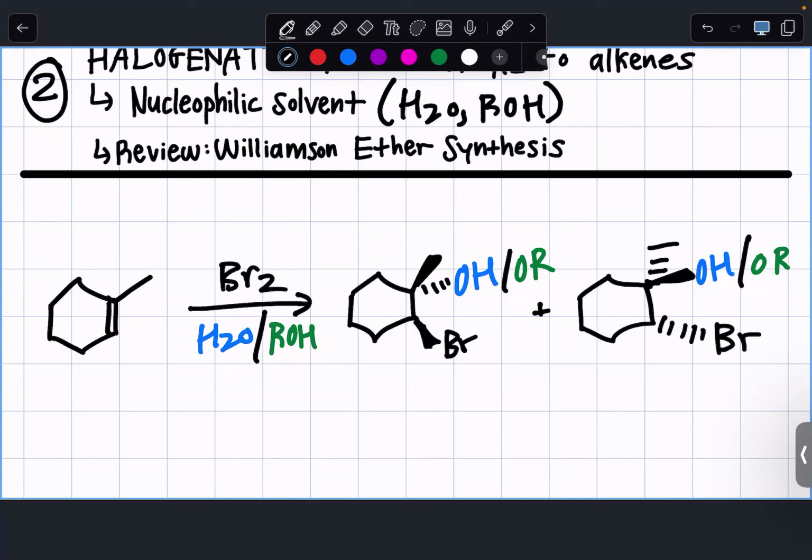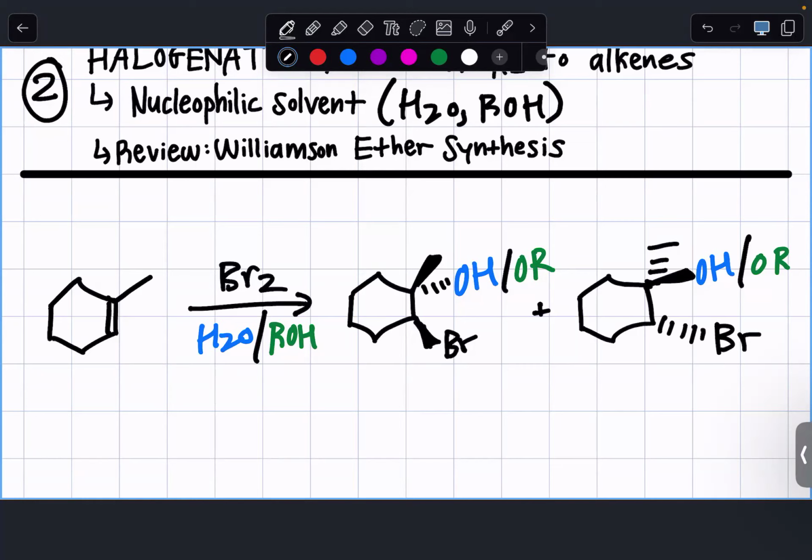If our solvent was an alcohol, the thing that attaches to the alkene is an OR group. And the R group depends on what they give us in the problem. And we noticed that the water and alcohol will attach on the more substituted side of the alkene. Do you guys know the name of that principle where the nucleophile attacks on the more substituted side of the alkene? Yeah, Markovnikov, that's right.